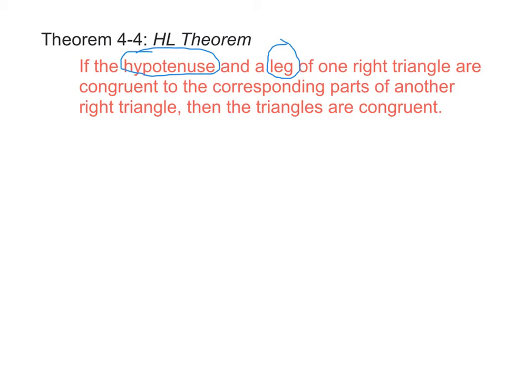So basically what it's saying is you've got two sides of a right triangle. You've got the hypotenuse, and you've got a leg, okay? Now, obviously you know an angle, you know the right angle. So in reality, you've got three parts of the right triangle.